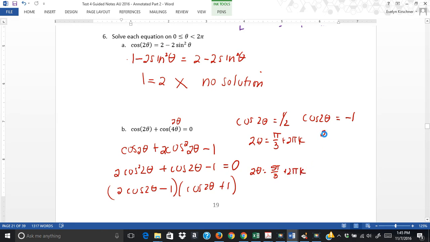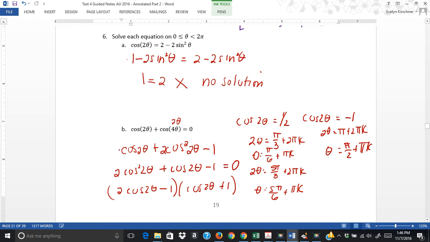And here, 2 theta is going to equal pi plus 2 pi k. I'm going to divide by 2, and I get theta is pi over 6 plus pi k, or theta equals 5 pi over 6 plus pi k. And here I have theta is pi over 2 plus pi k. So I have to do k every time.